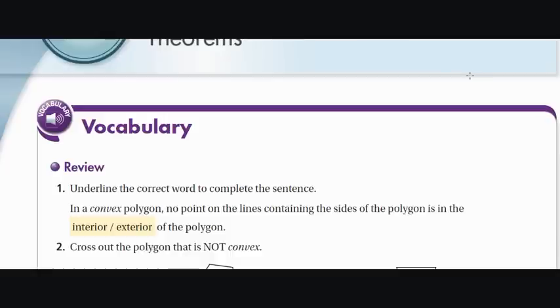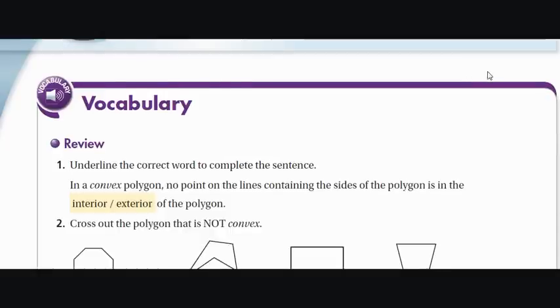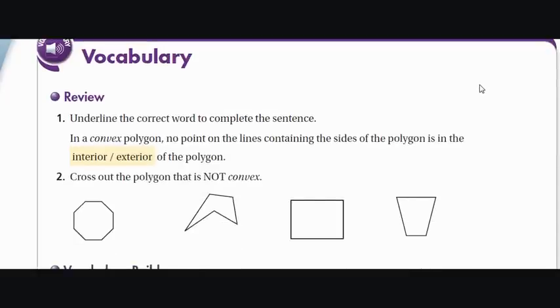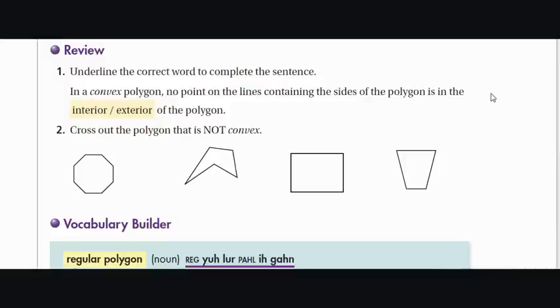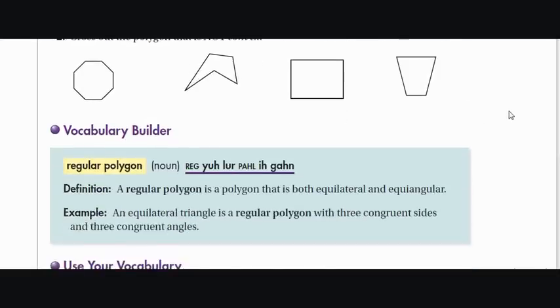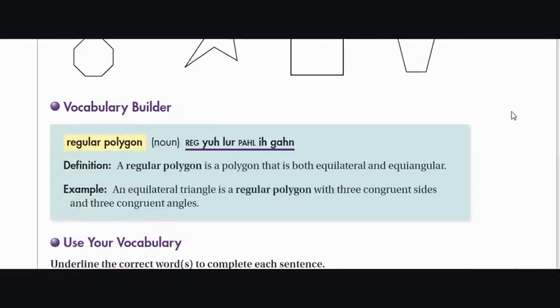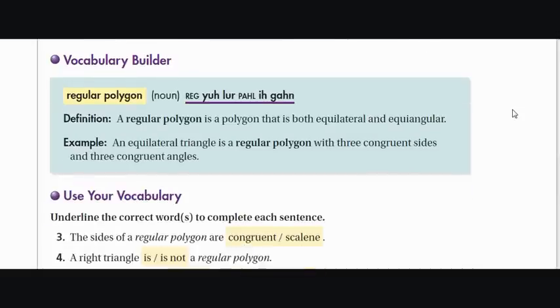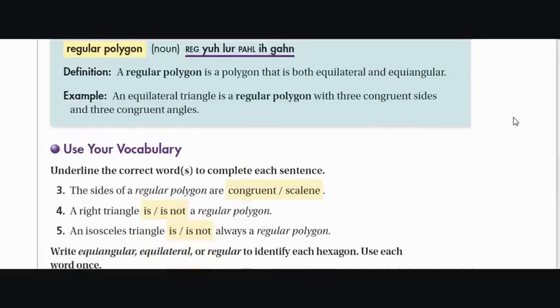And here is a view at your homework assignment. So you're going to review some context about convex polygons and what it means to be convex. Remember, convex means that there's no indentations. Then you're going to review the vocabulary of a regular polygon, what exactly that means.